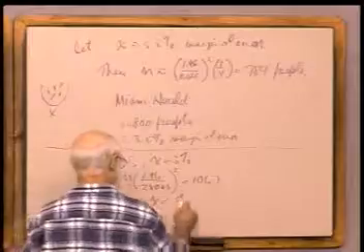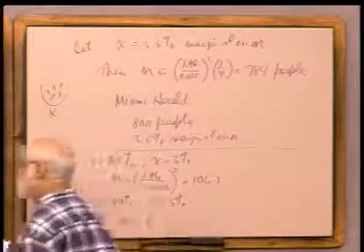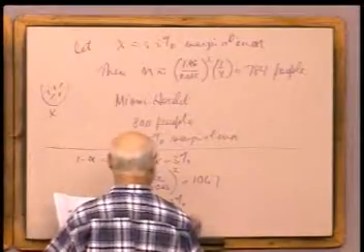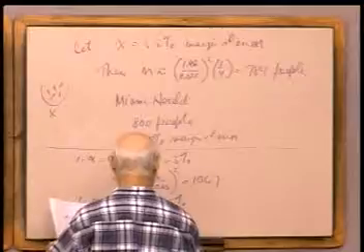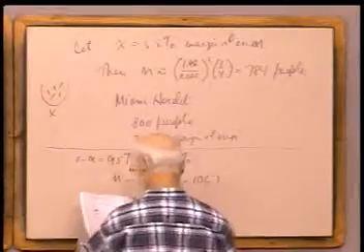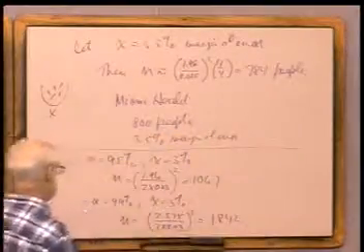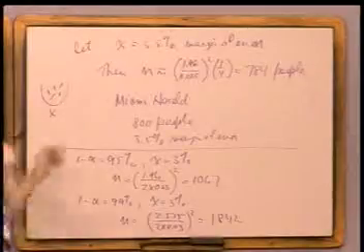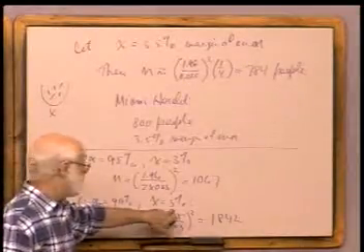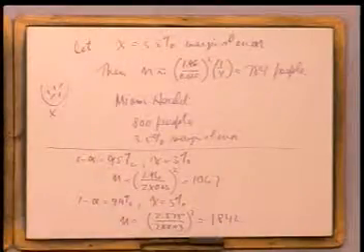In that case, using this formula, n is equal to 2.575 divided by 2 times 0.03, squared, and that turns out to be 1,842. So if I want 99% accuracy within plus or minus 3 percentage points, then I have to question about 1,800 people. Still, it's a relatively small number.